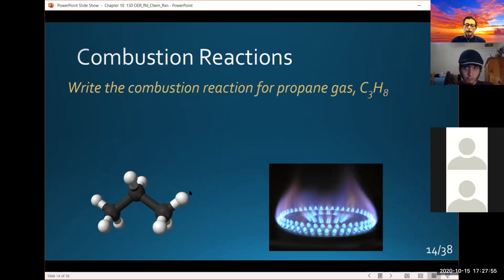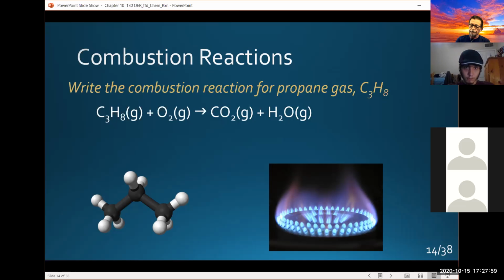All right. So for the combustion reaction we need oxygen, obviously, and the only two products we create are carbon dioxide and water. Now this has a technique to balance. To balance combustion reactions, you do this stepwise.